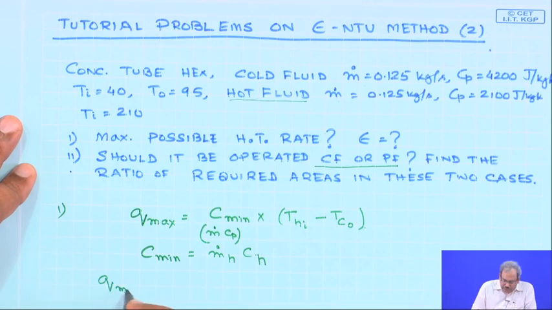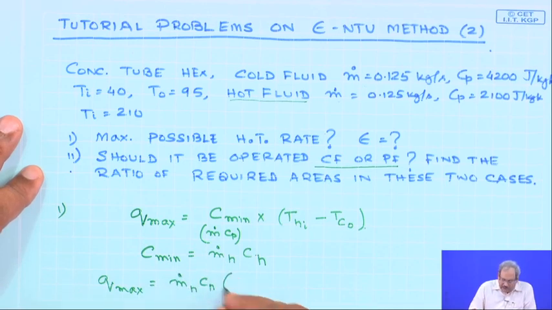And therefore, Q max can simply be calculated as C minimum, m dot H times C H, times the maximum possible temperature drop, which is Thi minus Tco.